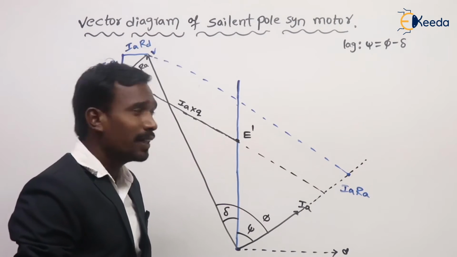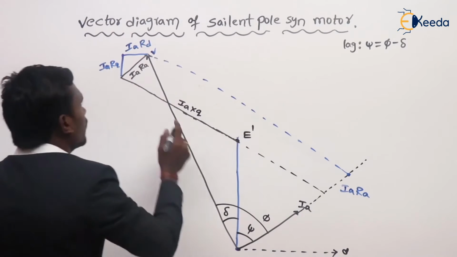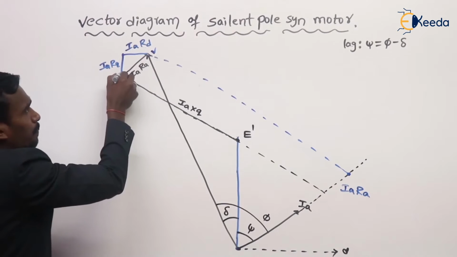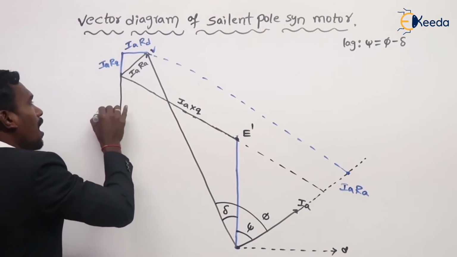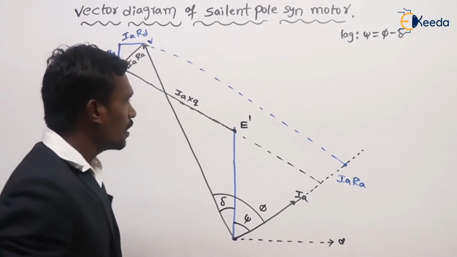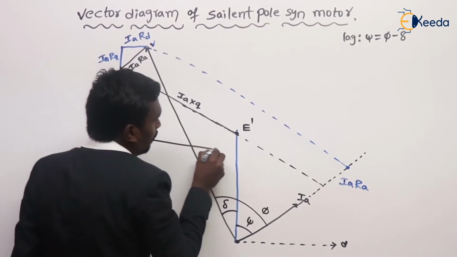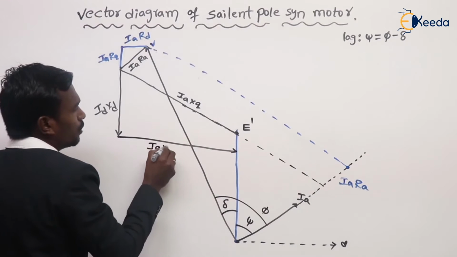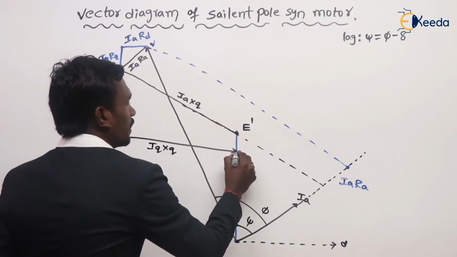Is it okay? Next one. Perpendicular to IA RD is ID XD, yes or no? And perpendicular to IA RQ is IQ XQ. This is simply the vector diagram.